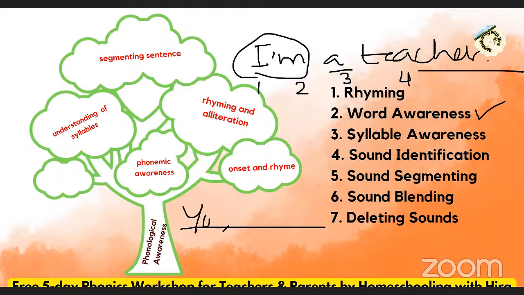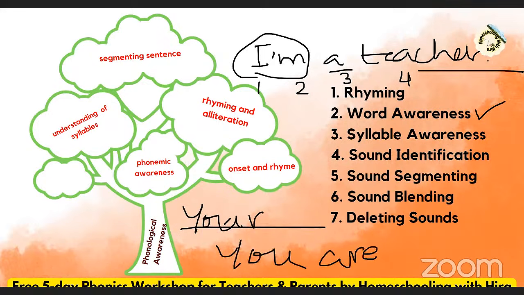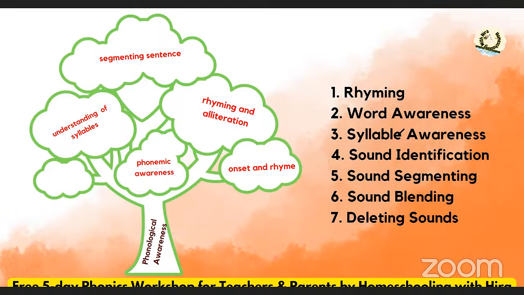For example, they write you are as your, or something like this. So when they count the number of words in a sentence, they also make mistakes. So this word awareness, or segmenting a sentence, is also an important element of phonological awareness.